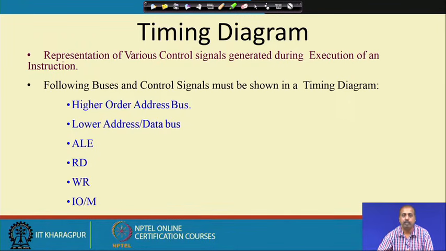If we are drawing the timing diagram of 8085, we must show the higher order address bus, lower order address bus and data bus, then the ALE signal, the read signal, write signal and IO/M bar line. These are the minimum signals that you must show when you are asked to draw the timing diagram of any 8085 instruction, because that will tell us how things are going on inside the processor for executing the instruction.